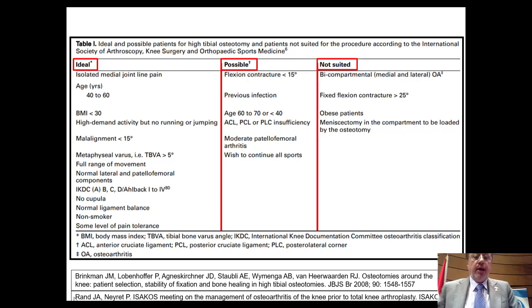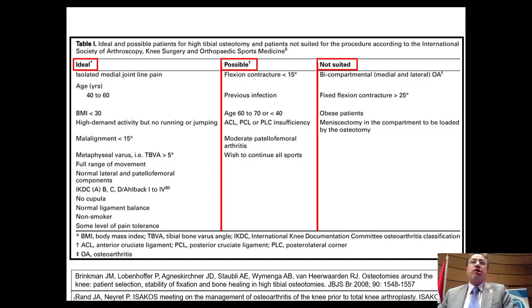The patient not suited for tibial osteotomy has bicompartmental medial and lateral osteoarthritis, a fixed flexion of more than 20 to 25 degrees, obesity, or a meniscectomy on the lateral compartment.